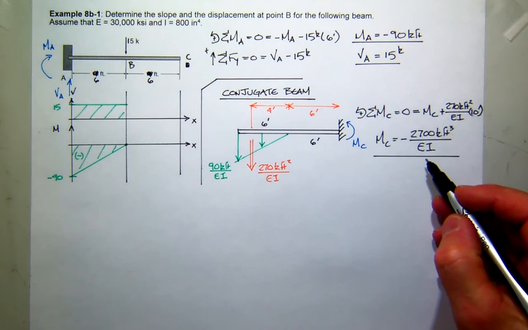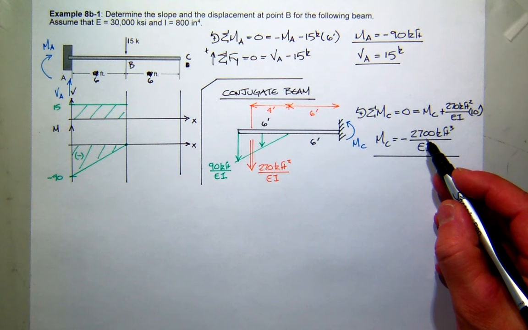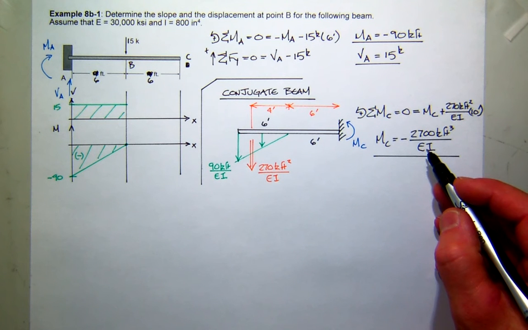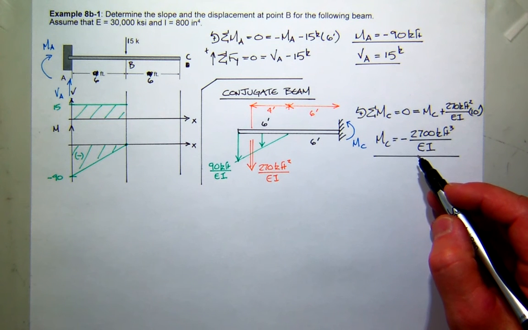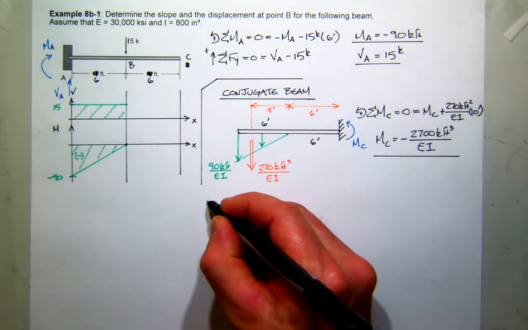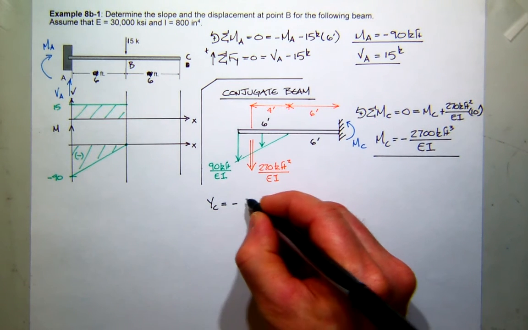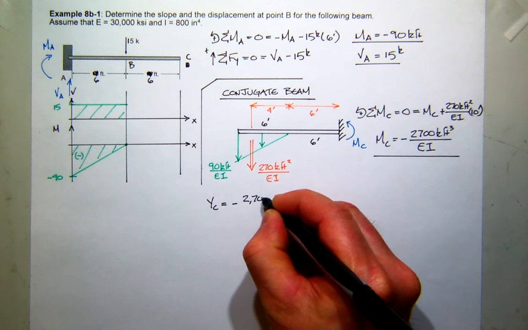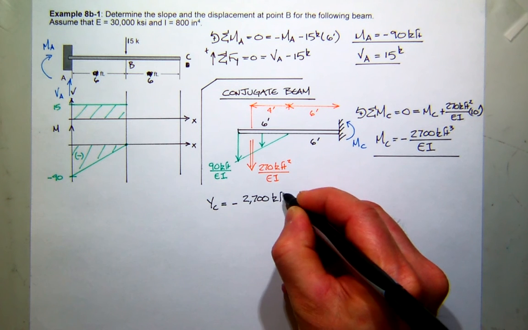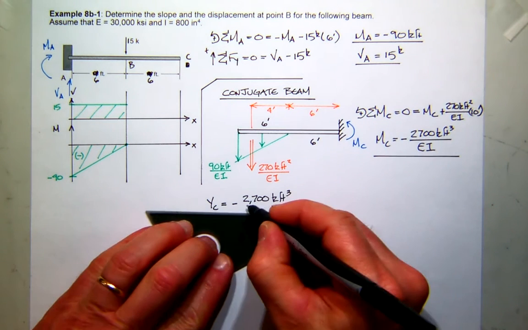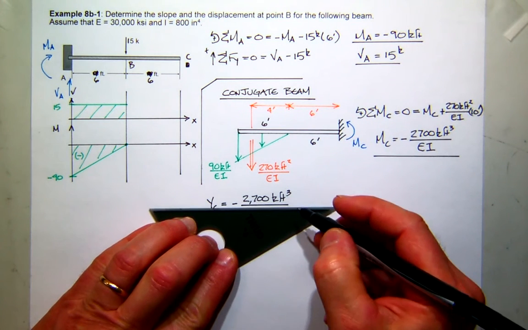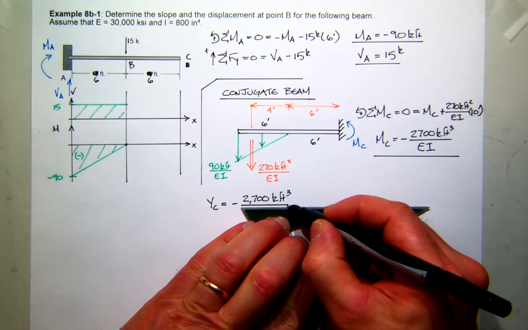So now you would have to put in your values of E and I here to actually get a numerical value. So really now the displacement at C is going to be equal to that. So I'll have 2,700 kip feet cubed divided by EI, and then I'll have to do some conversion.